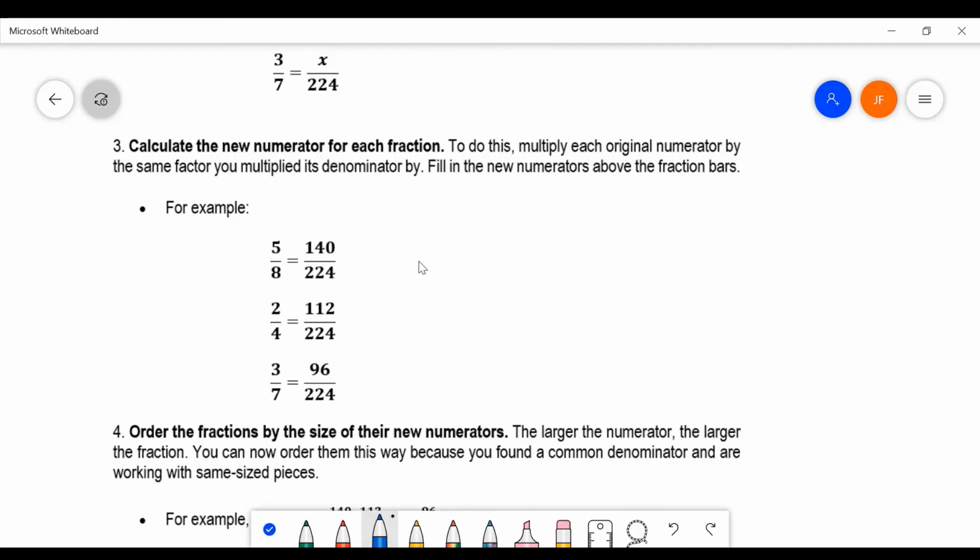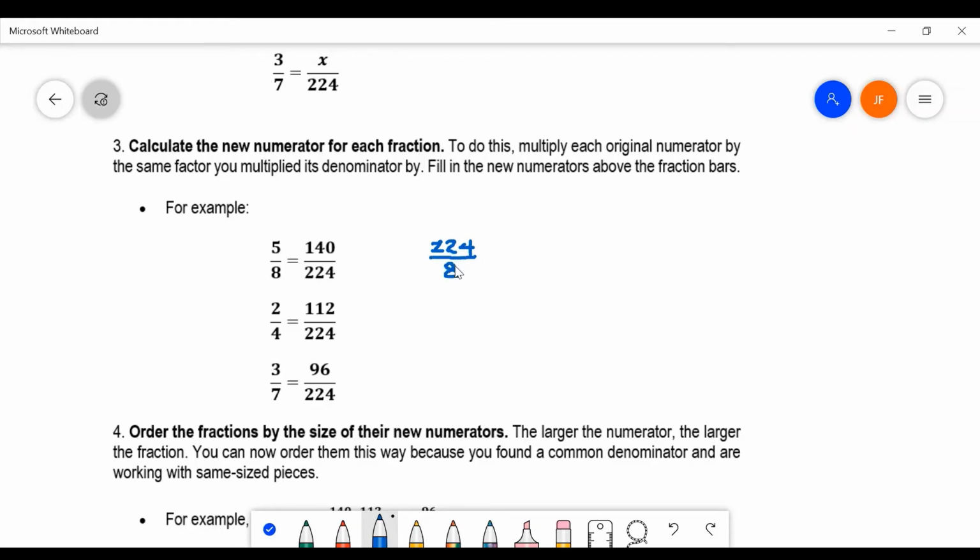So for 5/8 is equal to 140 over 224, 140 can be understood from here, 224 divided by 8.